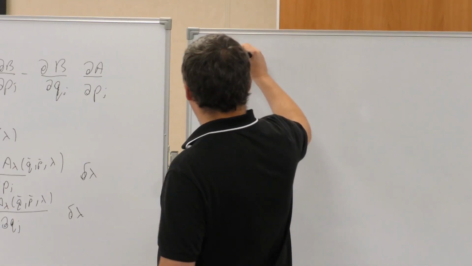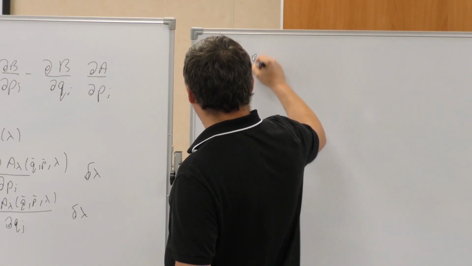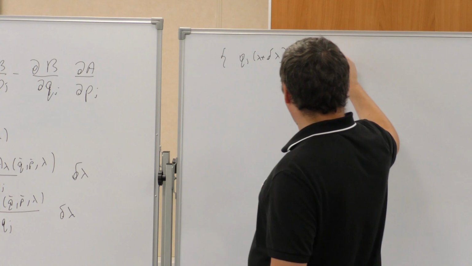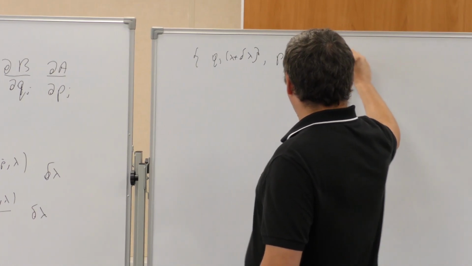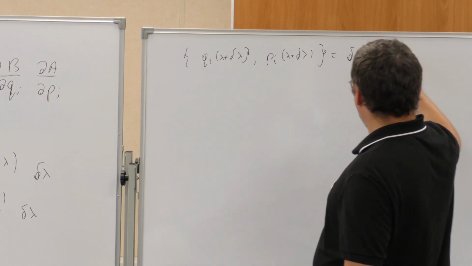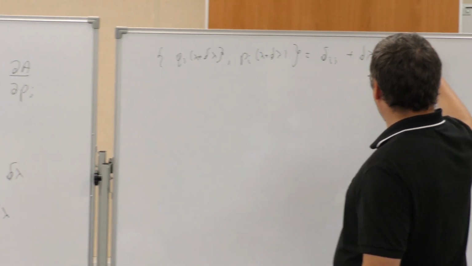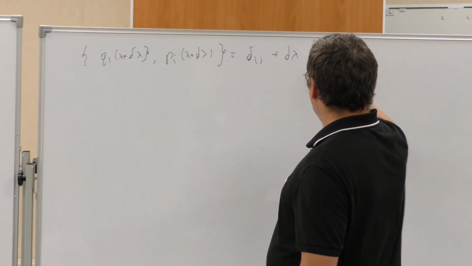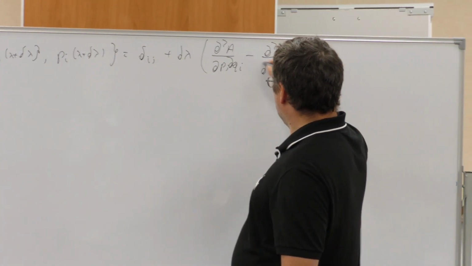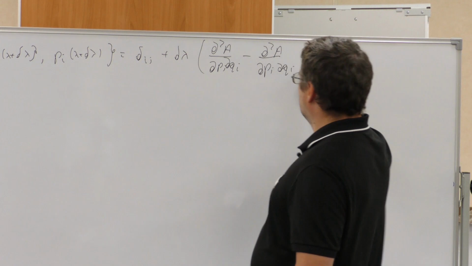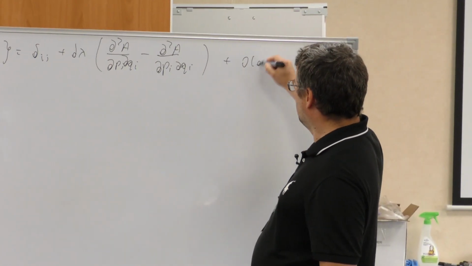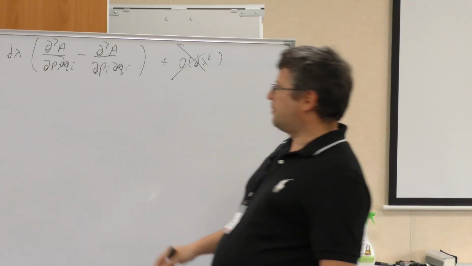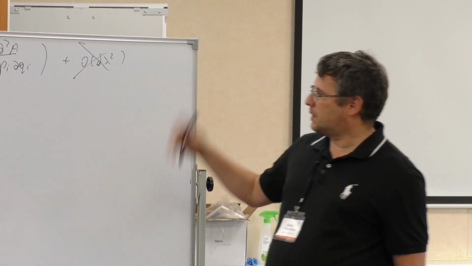So it's a really simple exercise to check that up to order delta lambda, if I compute the Poisson bracket of Qj and Pi, I will get delta ij plus delta lambda times d2A dpj dqi minus d2A dpj dqi, plus something of the order of delta lambda squared, but when we send delta lambda to 0, it disappears.